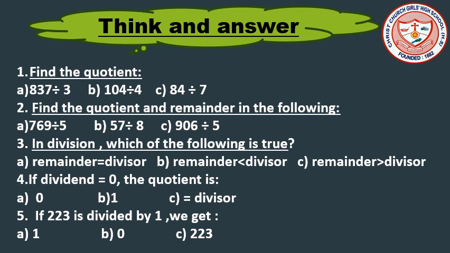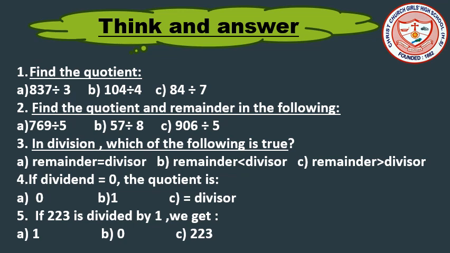C. 84 divided by 7. Number 2, find the quotient and remainder in the following. A. 769 divided by 5. B. 57 divided by 8. C. 906 divided by 5.